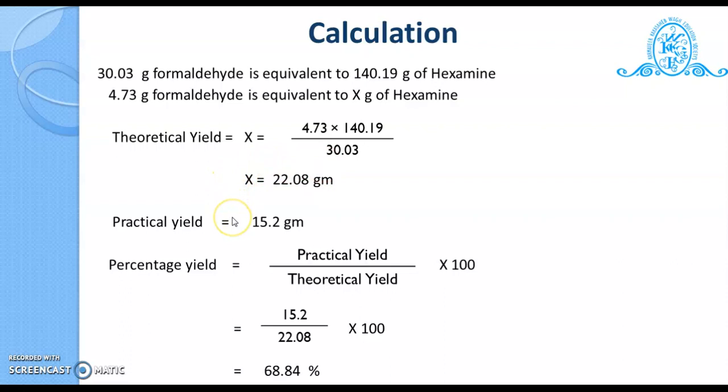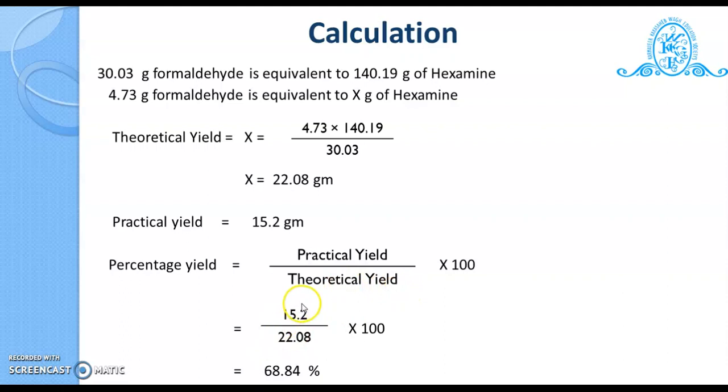After performing, we obtained the actual practical yield of our product, that is 15.2 gram. So putting this value into the formula, we can calculate the percentage yield. So formula is practical yield divided by theoretical yield into 100.